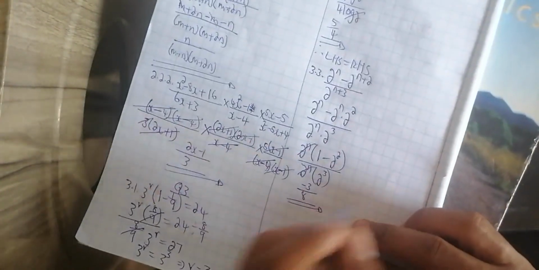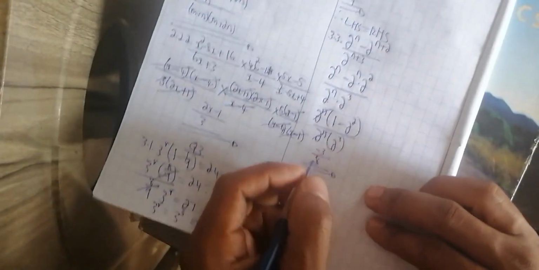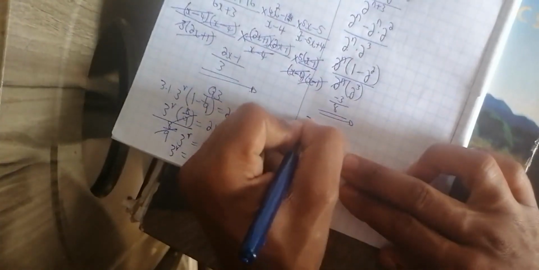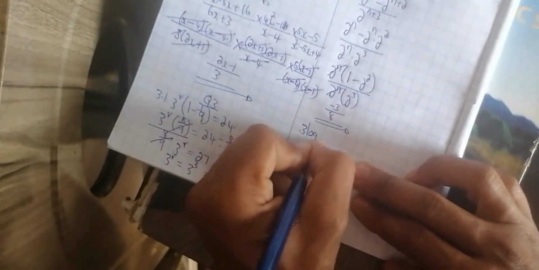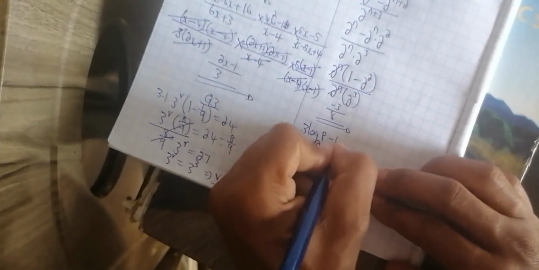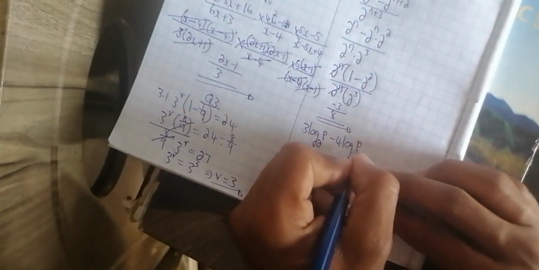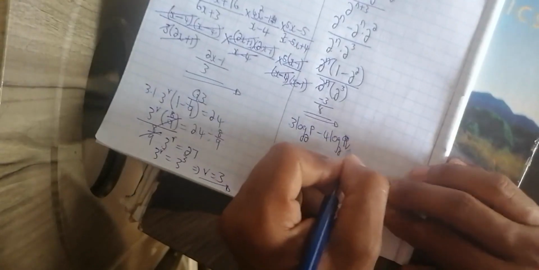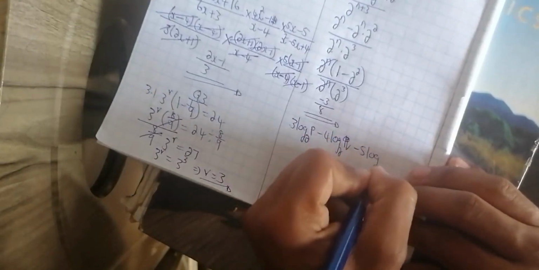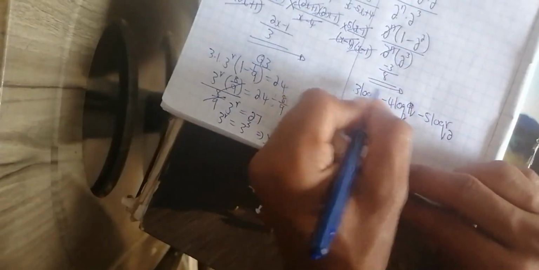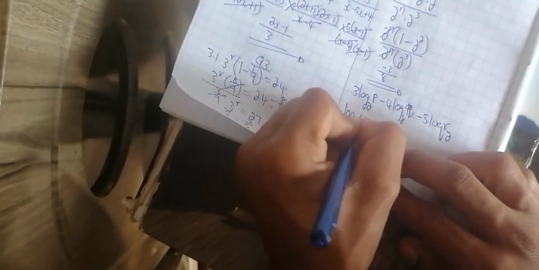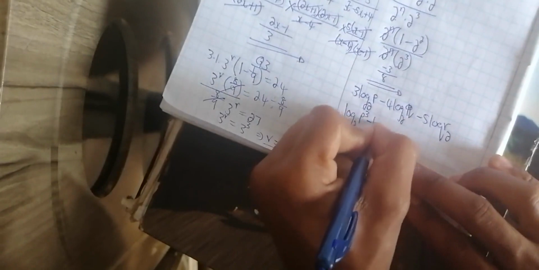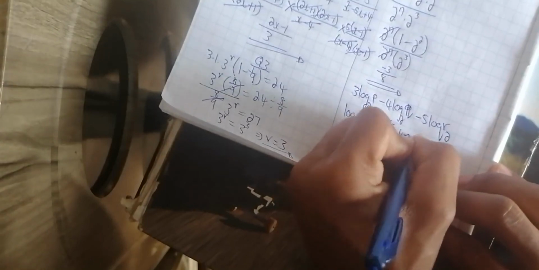Very good. Now write the following as a single logarithm. We have 3 log 2p minus 4 log 2q minus 5 log 2r. I'm going to bring this here. Log 2p to the 3 minus log 2r to the 4 minus log 2r to the 5.